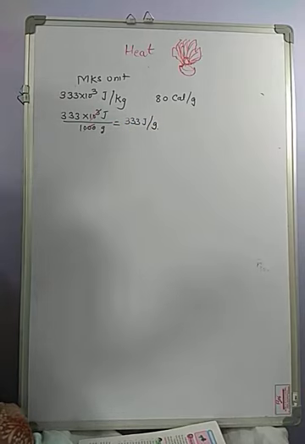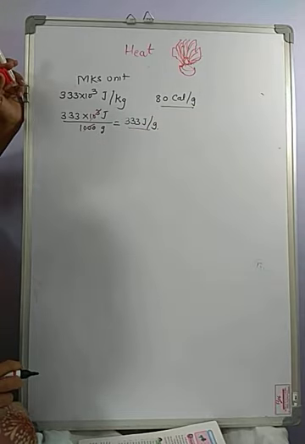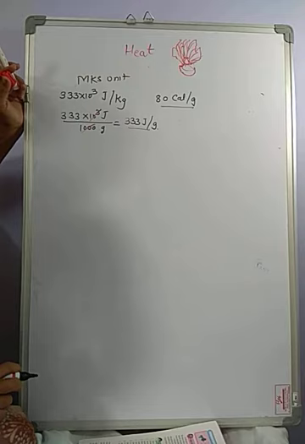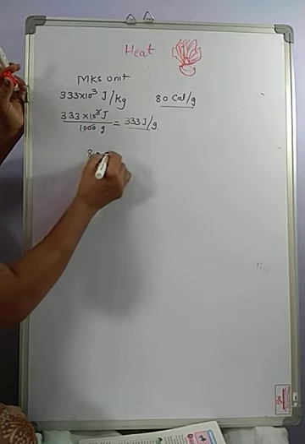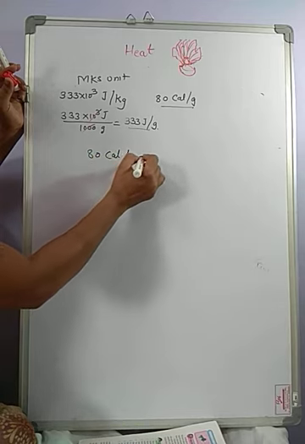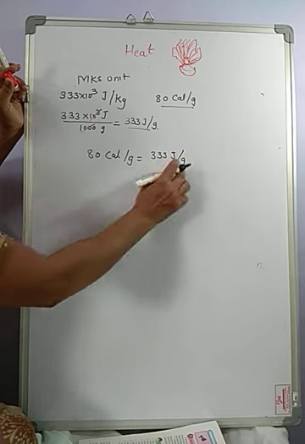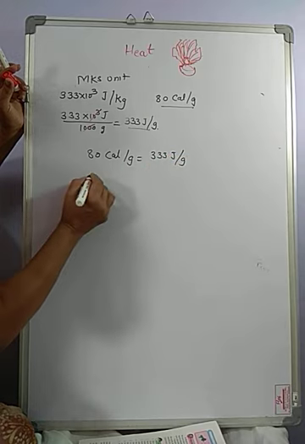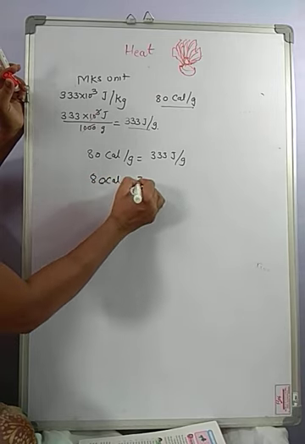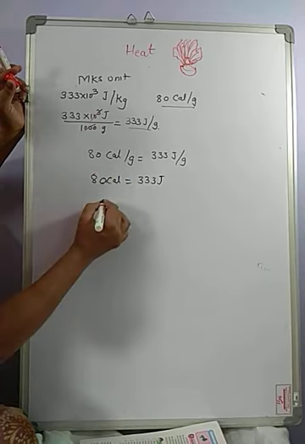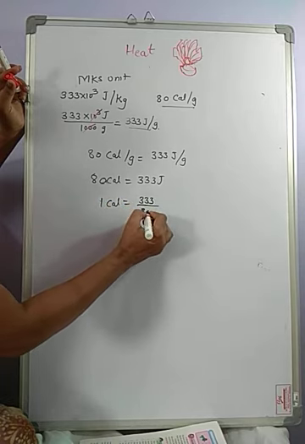Now, water, ice is the same. So these two values must be equivalent. So 80 calorie per gram is equal to 333 joule per gram. This gram gets cancelled and we will write 80 calorie is equal to 333 joule, or 1 calorie is equal to 333 upon 80.